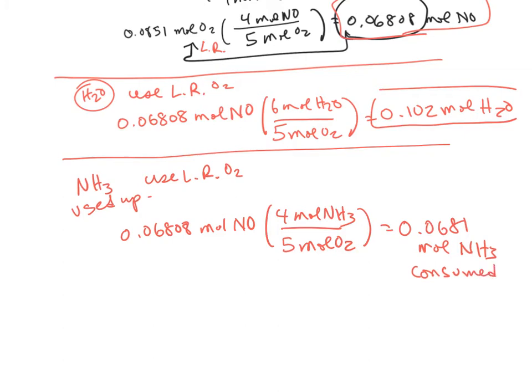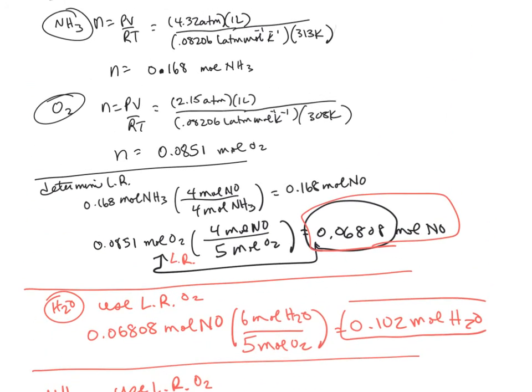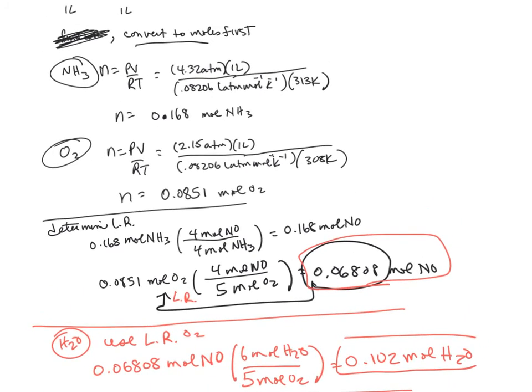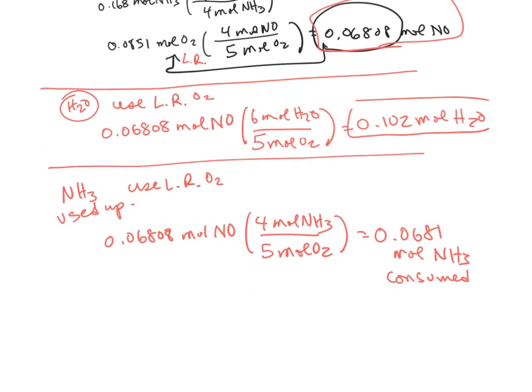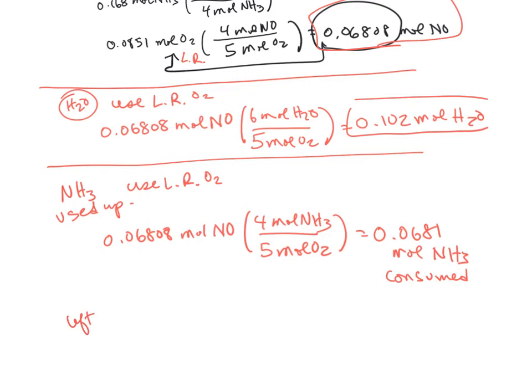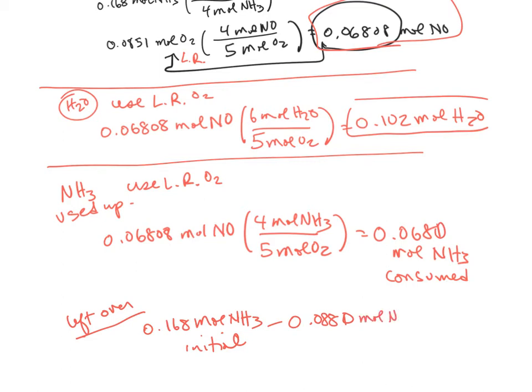We know how much we started with, right? We got that way at the top there, 0.168 moles of ammonia right here. So that minus what was just used up will be the amount that's left over. So the amount left over is going to be 0.168 moles NH3 initial minus 0.0681, let's just call it 0.068 here, keep it simple, moles NH3 used up.